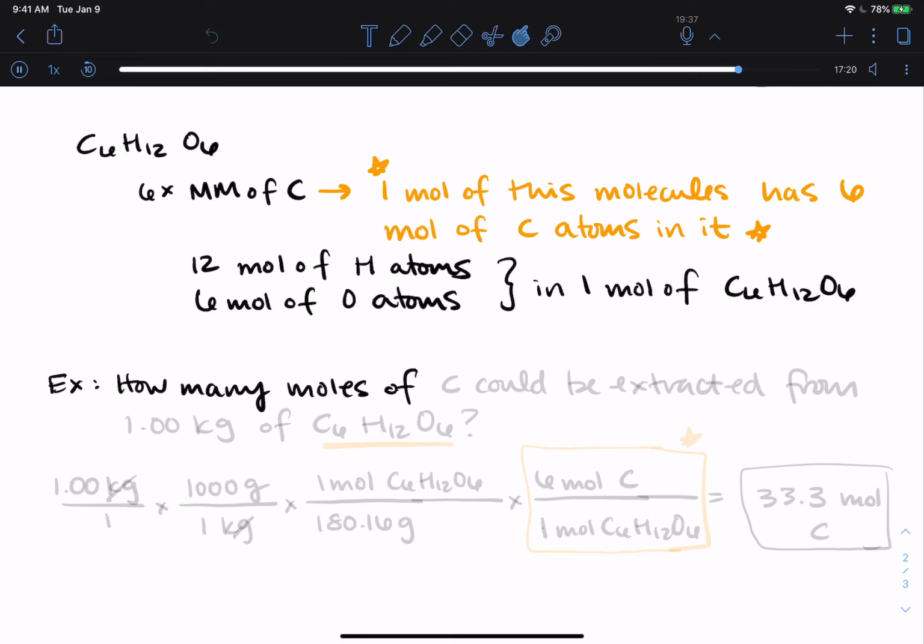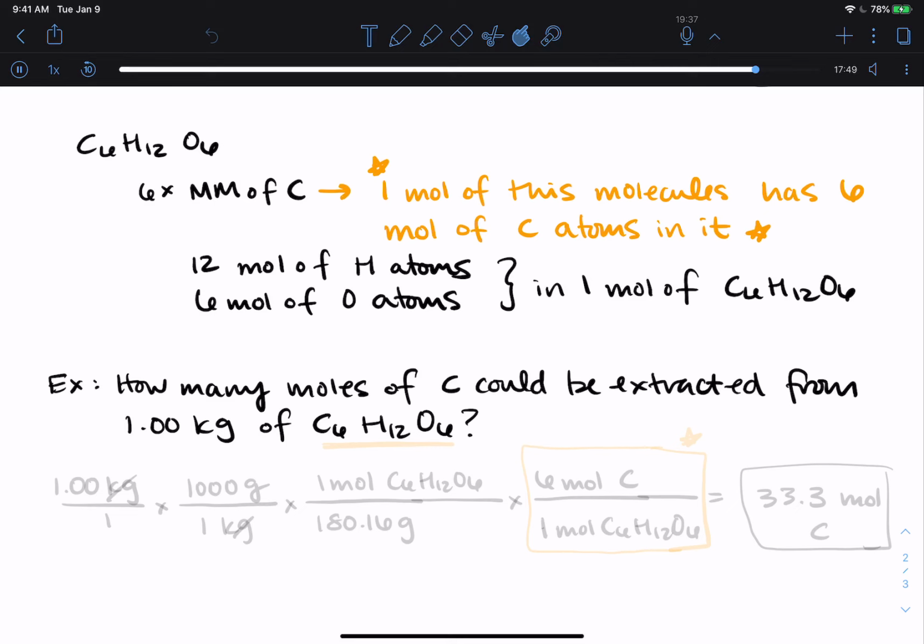All right, so an example of how you might see this, we'll say, how many moles of carbon could be extracted from say 1.00 kilograms of C6H12O6. So this has a bunch of pieces here.